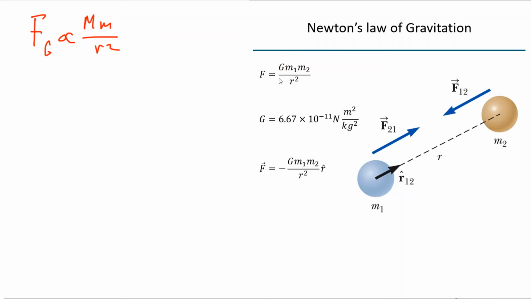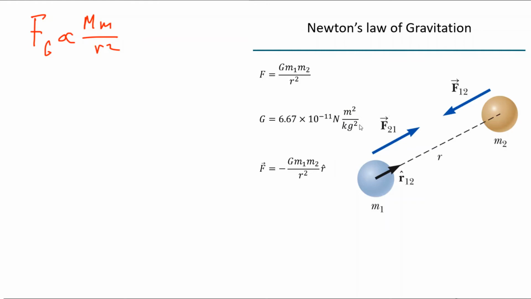If the gravitational force is proportional to the product of the masses over the distance squared, then we need to include a constant of proportionality. And it turns out from measurements you can determine what the constant of proportionality in Newton's law of gravitation is. We call it capital G. It's Newton's gravitational constant, which is 6.67 times 10 to the minus 11 Newton meter squared per kilogram squared.